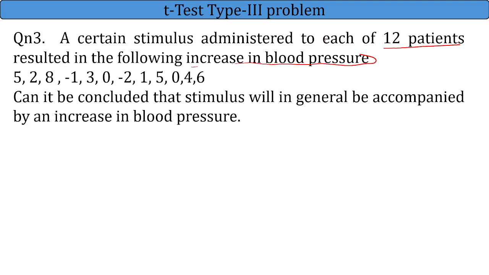It means that instead of giving x1 and x2, they directly gave D. Then can it be concluded that the stimulus will in general be accompanied by an increase in blood pressure?